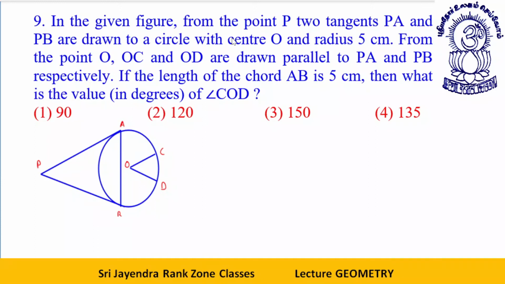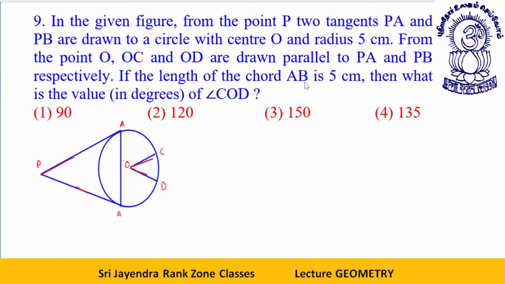In the given figure, from the point P, two tangents PA and PB are drawn to a circle with center O and radius 5 cm. From the point O, OC and OD are drawn parallel to PA and PB. This line is parallel to this line.